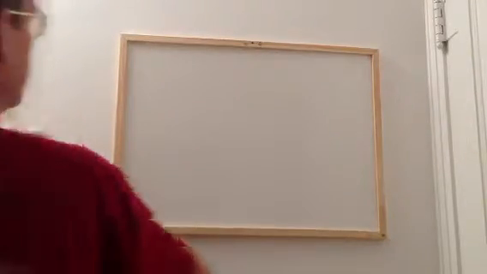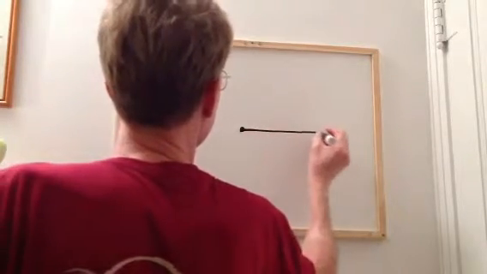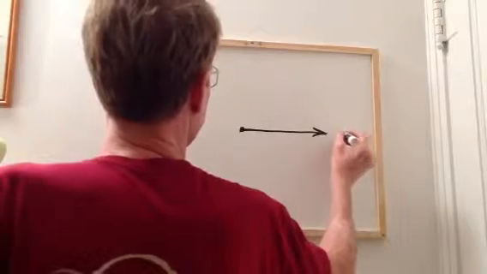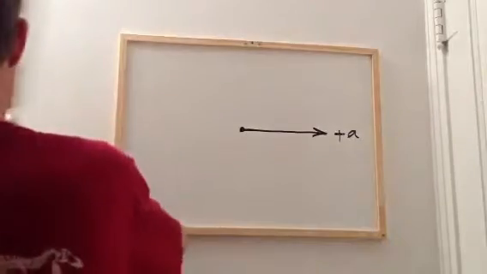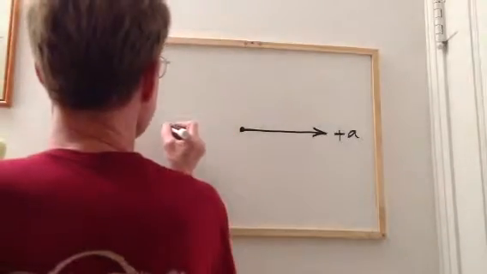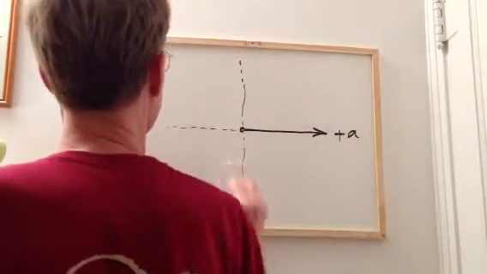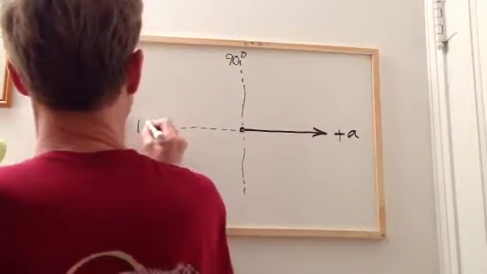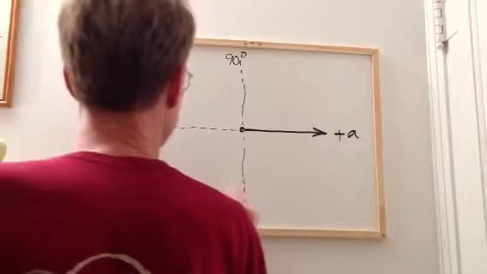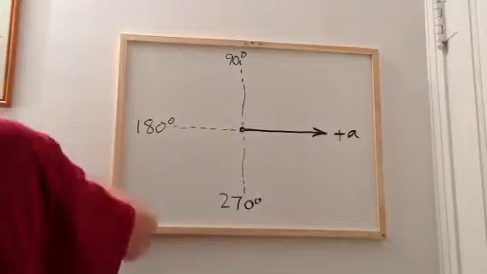Now, if you want to use the polar system, where you would start with an origin, put the positive real number axis going to the right, and then define angles going around, 90 degrees, 180 degrees, 270, and consider the angle theta.